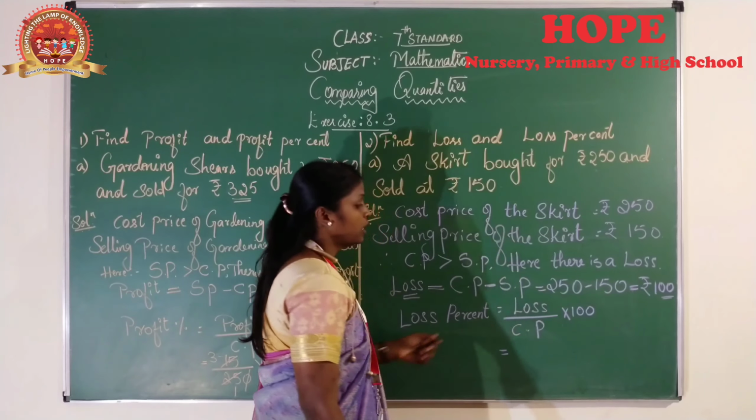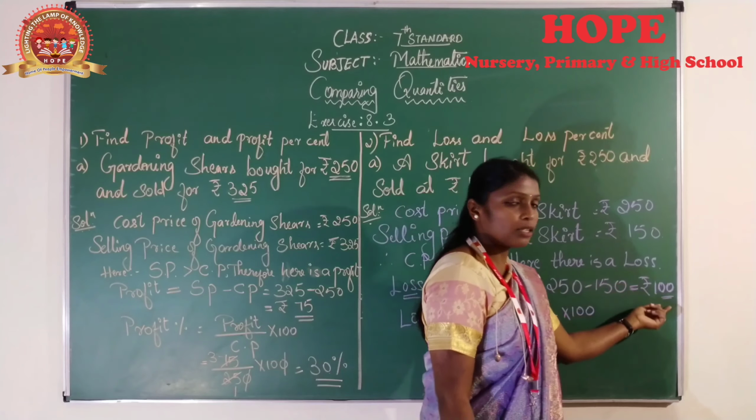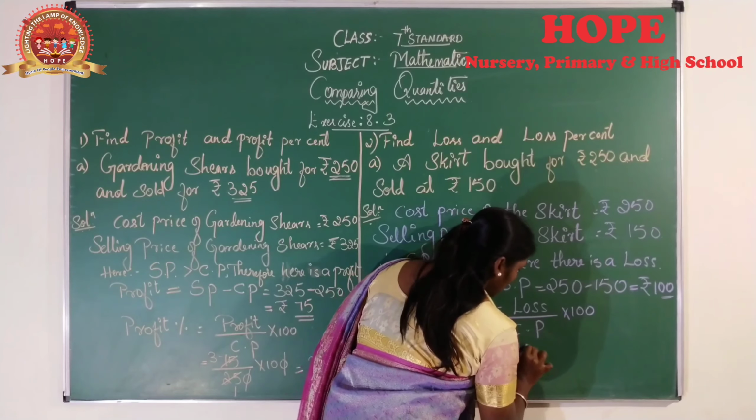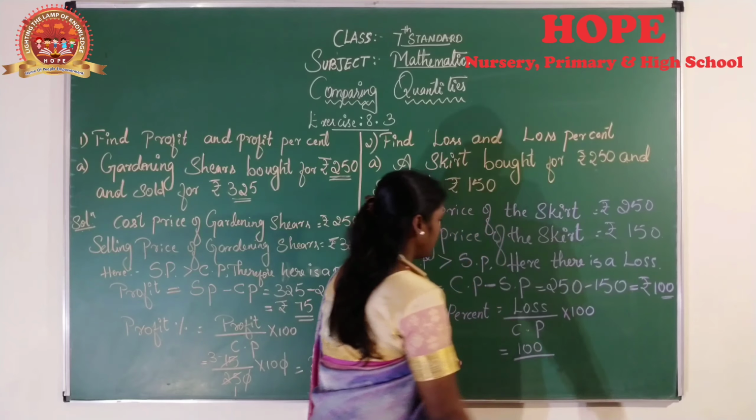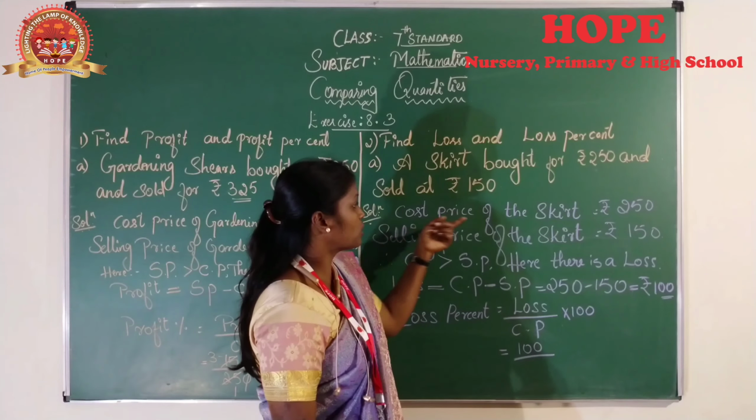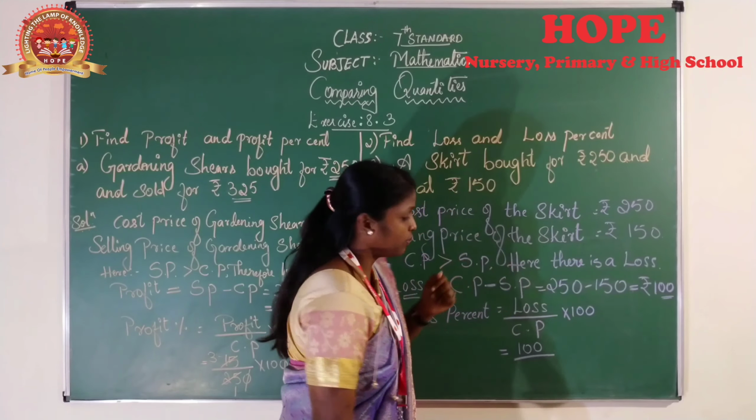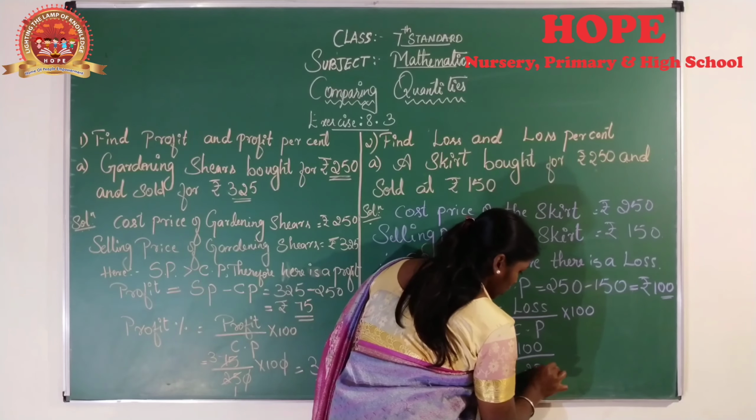The amount she has lost is rupees 100, divided by CP. Cost price of the skirt is rupees 250.